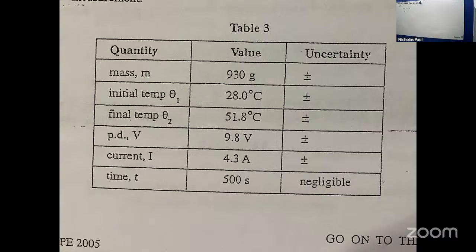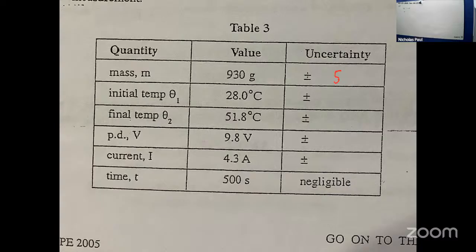Right, so there was the uncertainty in the mass. Half of the smallest reading, right? So the smallest reading was what? 5 grams, right?